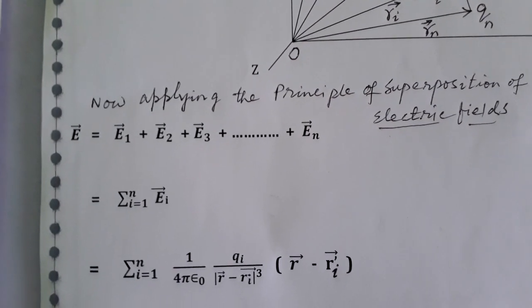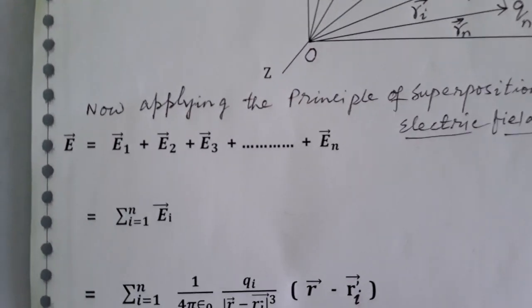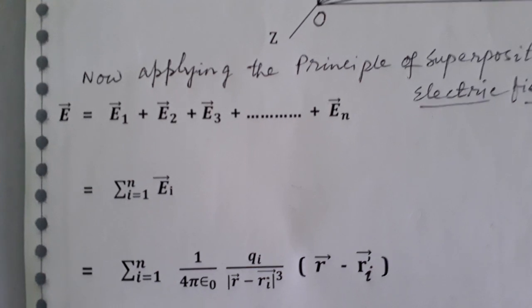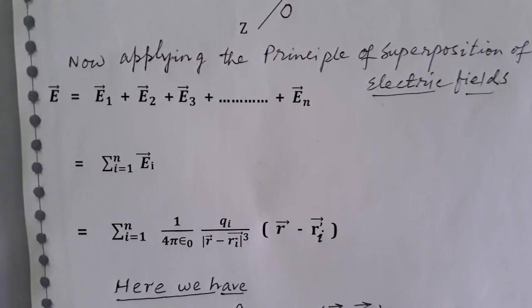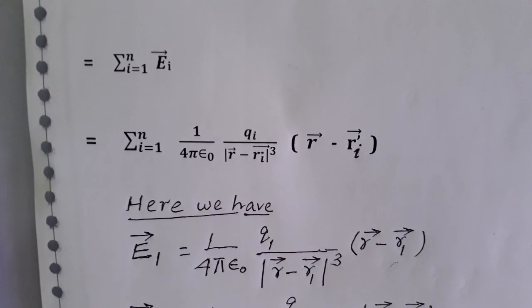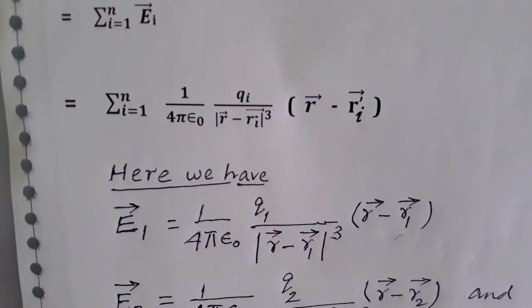Very simple. The net electric field at point P may be written as E equal to E1 plus E2 plus E3 plus dot dot dot En, or we can write it in the form of summation. In this way we can write it, and now the value of Ei in general form we can write in this way.